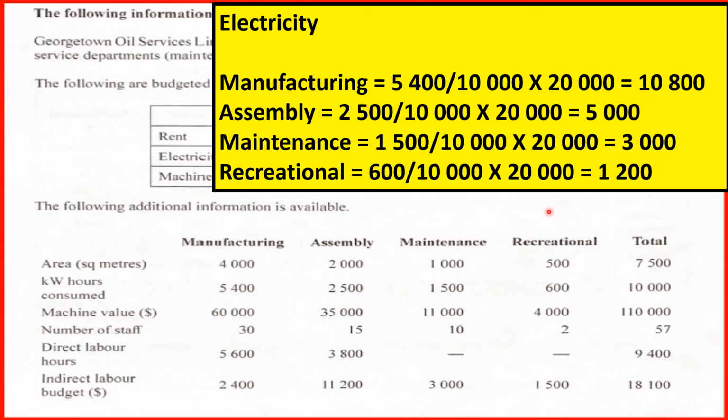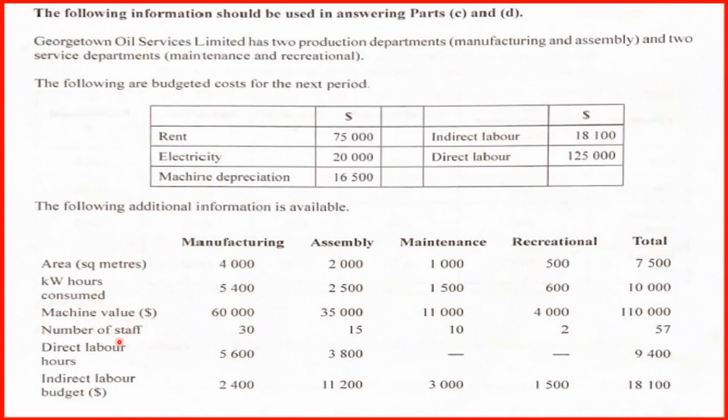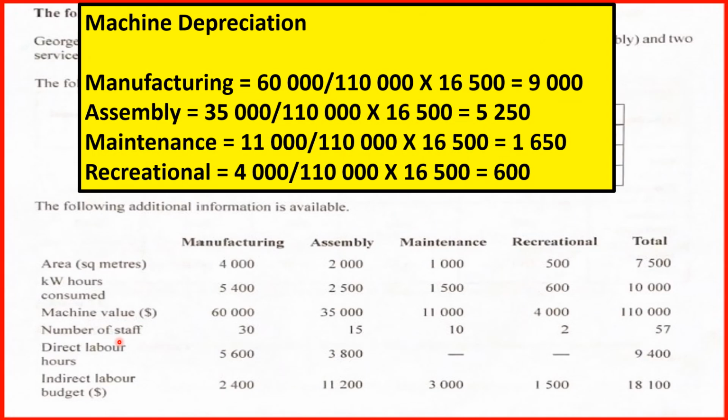We put them in our table again, and we move on to the next item, which is the machine depreciation. We go through these four departments again. This time machine depreciation has a total of $110,000 and the overhead is 16,500.